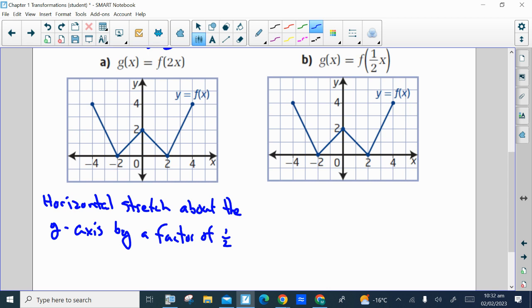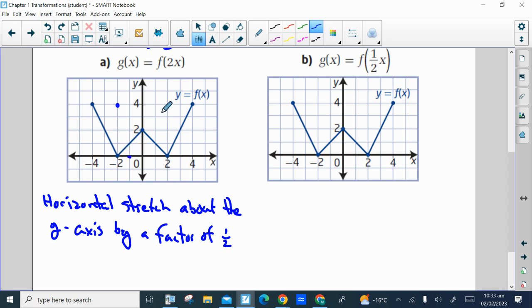So now all the x values will change. You're going to take half of all the x values. An x value of -4, half of -4 is -2. The x-intercept is going to change because you're going to take half of -2, which is -1.